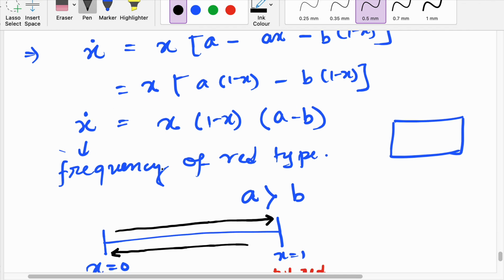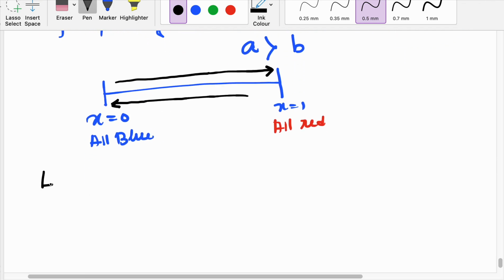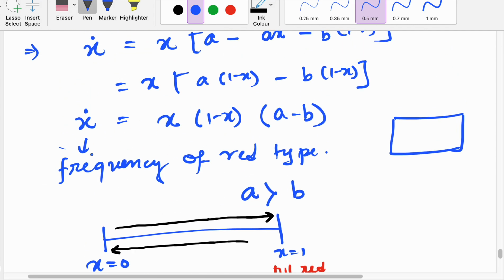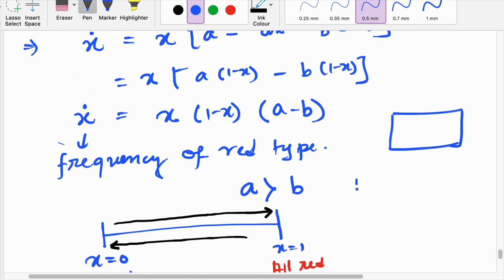How will it happen? Now we will apply the tools of linear stability analysis. It basically says that if I take this equation dx/dt, there is a point where the rate of change of this fraction will stop.